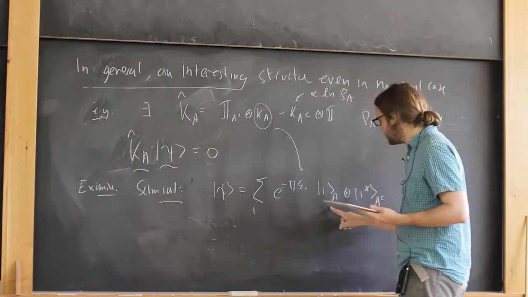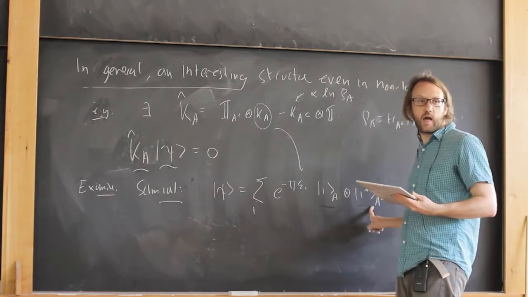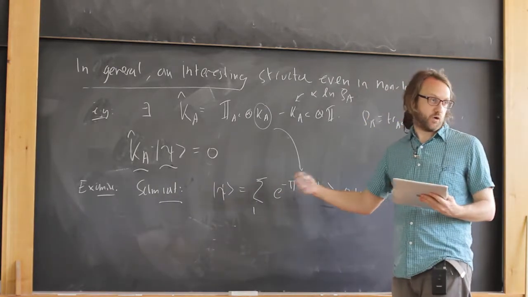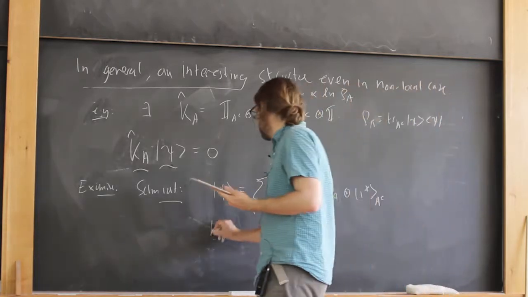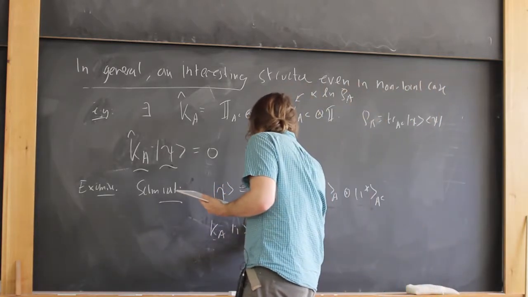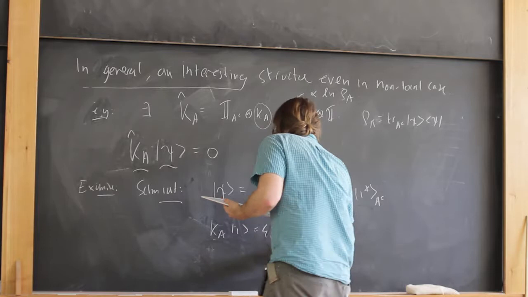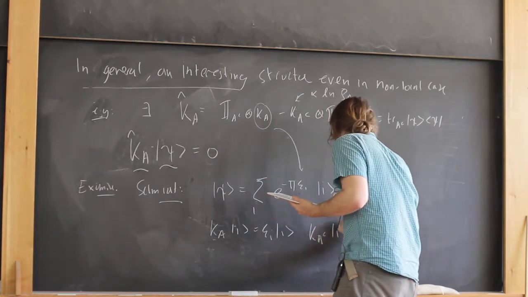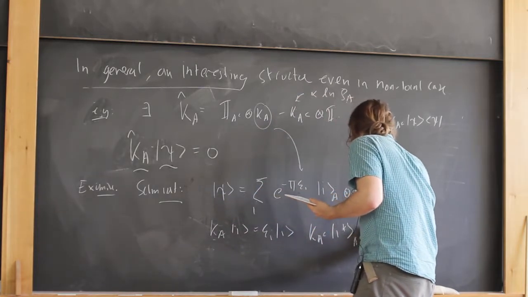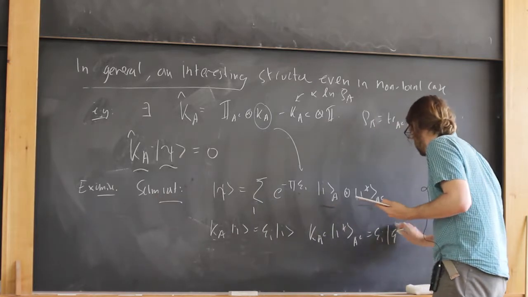But the states, I and I star, have the same eigenvalues, right? That's the important thing about the Schmidt decomposition. So K_A on I is the same as K_A complement on I star. These are the same eigenvalues.